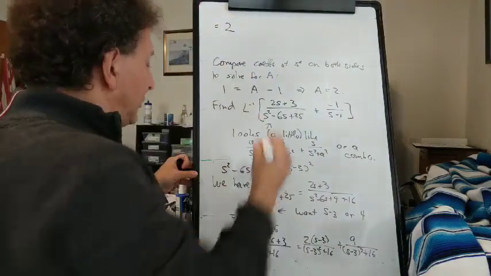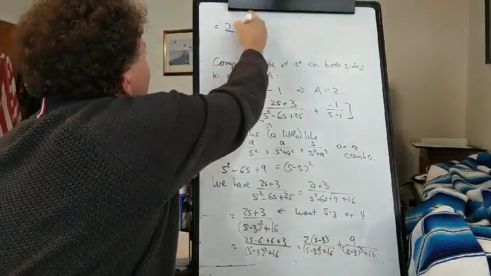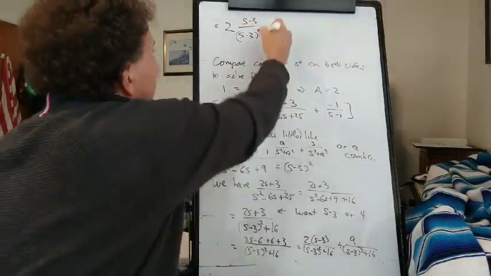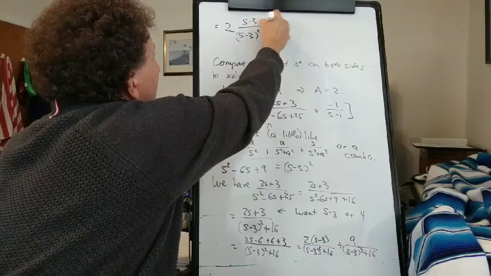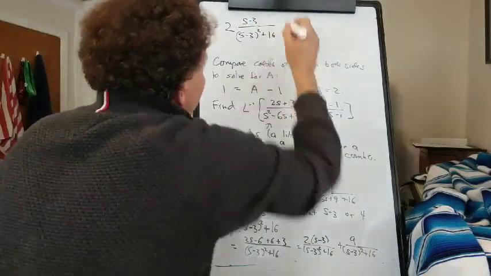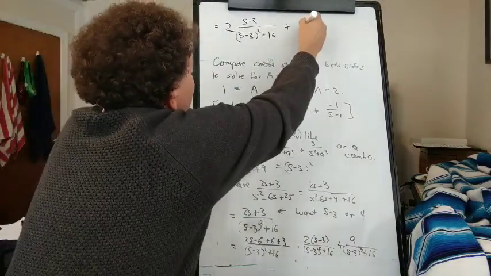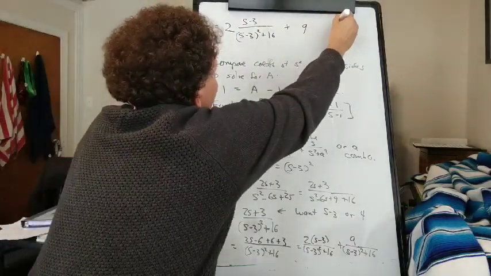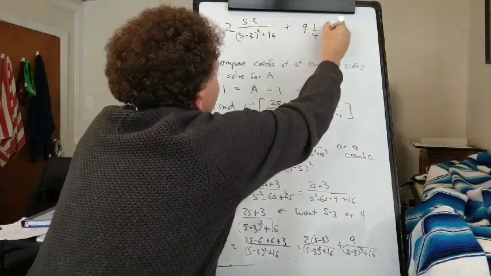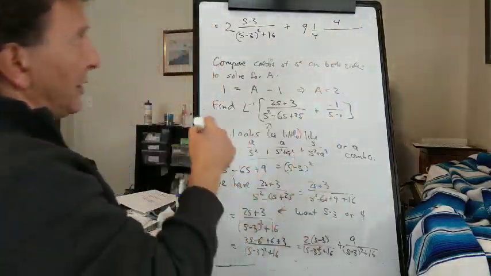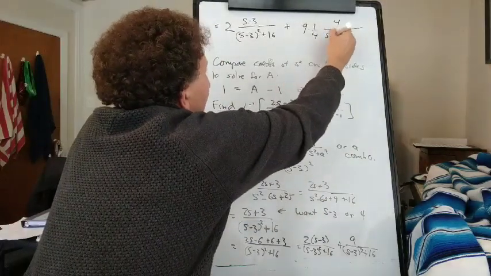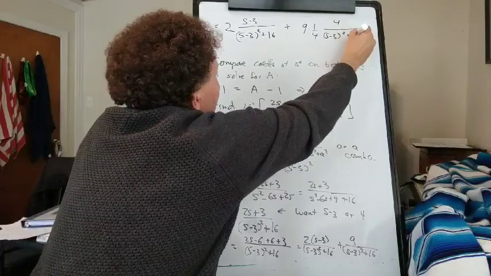So we have 2 times s minus 3 over s minus 3 squared plus 16, plus, I can pull out a 9, and then I really wish I had a 4 here, so I'll just multiply by 1/4 on the outside. Multiplying by 4 over 4 doesn't change anything. 4 over s minus 3 squared plus 16.